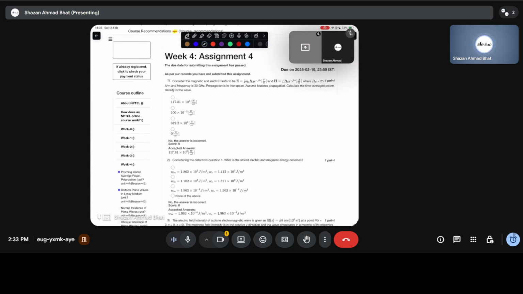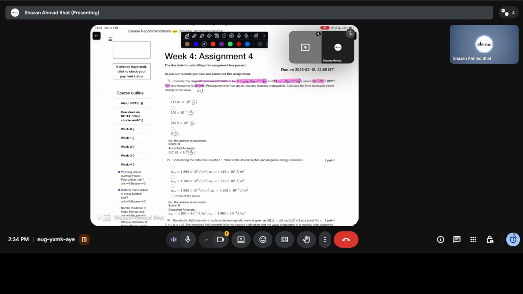Question one says to consider the electric and the magnetic fields to be of this form, where the amplitude of the magnetic field is given in ampere per meter, and the frequency is 30 gigahertz.